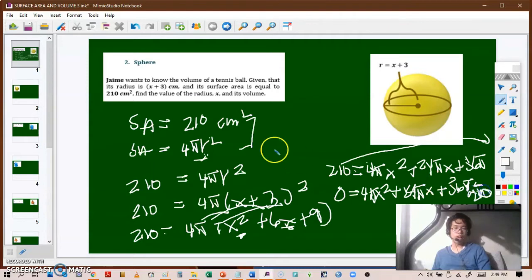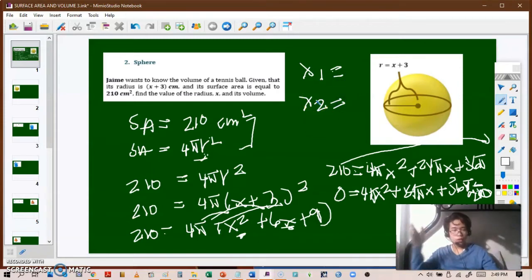From here we can now solve for the value of x. So we have x sub 1 and x sub 2 using our scientific calculator, the one that I taught you a while ago. If you didn't catch that, I'm going to teach you again. We have here our Casio scientific calculator.